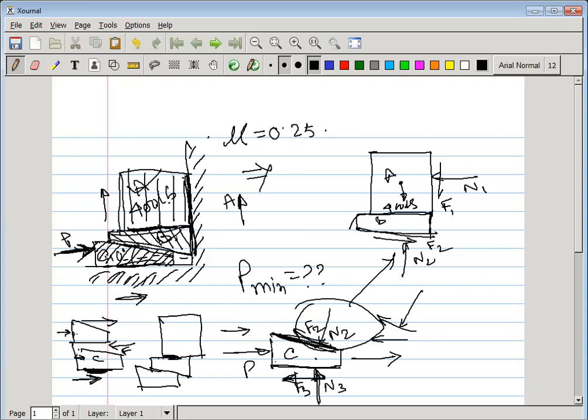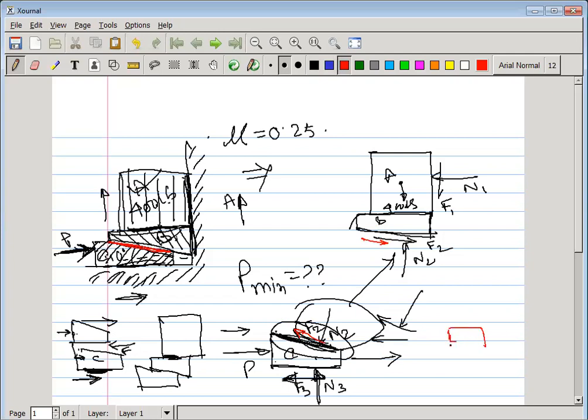Now, this surface is common for block C and block B. If the friction force is in this direction for block C, then the friction force is in the opposite direction for block B, because of the friction between them.